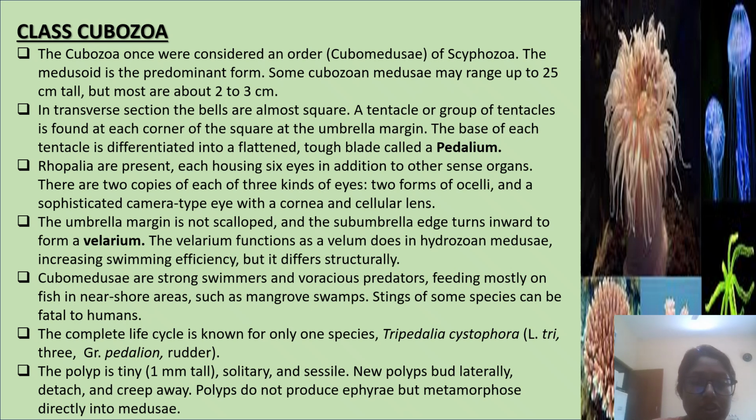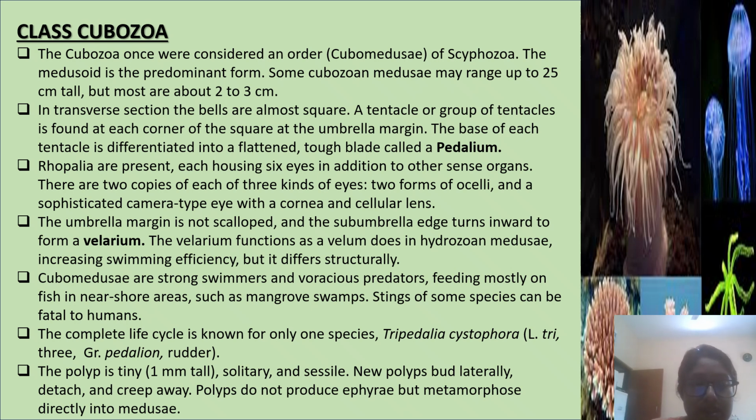The velarium functions as a velum does in hydrozoan medusae, increasing swimming efficiency, but it differs structurally. Cubomedusae are strong swimmers and voracious predators, feeding mostly on fish near shore areas, such as mangrove swamps. Stings of some species can be fatal to humans.